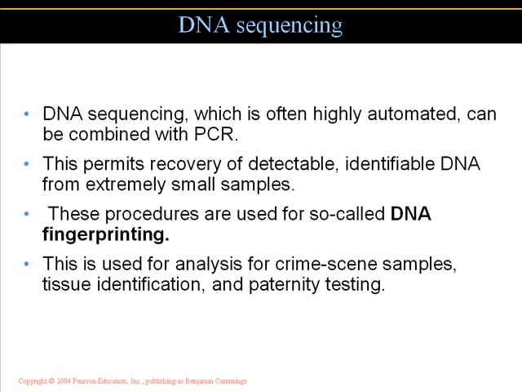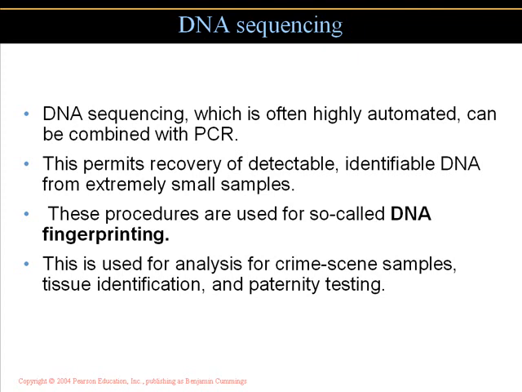These procedures were used in so-called DNA fingerprinting, where each individual has a very specific, identifiable DNA sequence. If you can get samples of DNA from a given individual, it gives you 99.9% accuracy in identifying that particular individual.